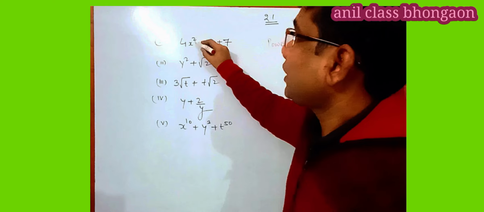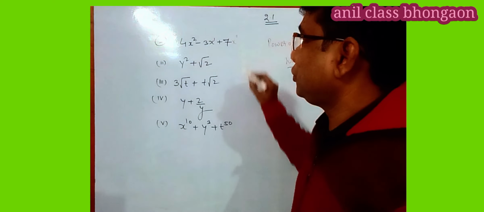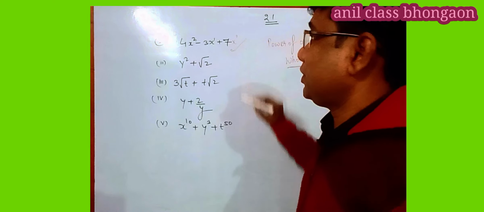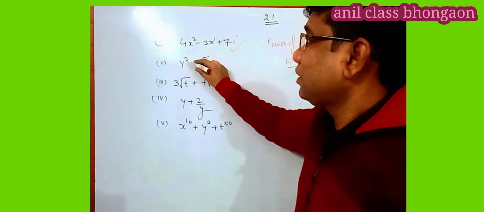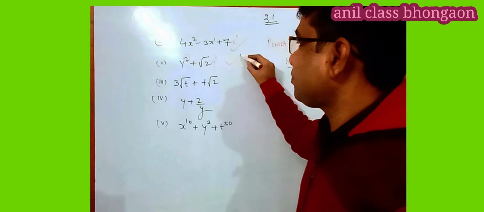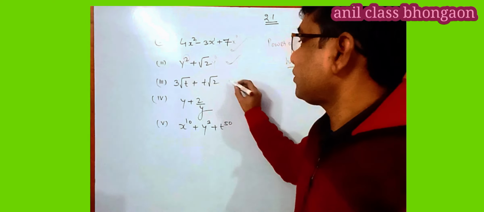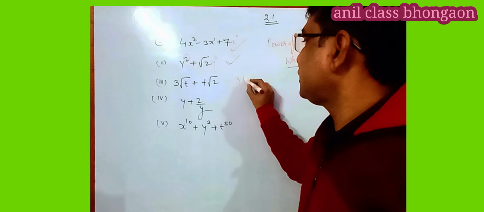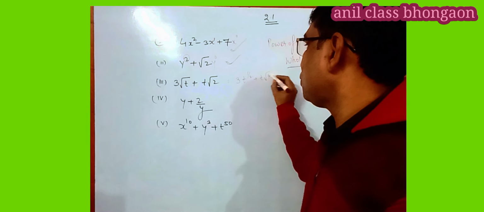You know that x to the power 2, 1 and x is equal to 0. It is a polynomial because the power is in whole number form, and y to the power 2 and y to the power 0 is a polynomial, the power is in whole number form. But in this one, you also write t is equal to 1 by 2 plus t under root 2.